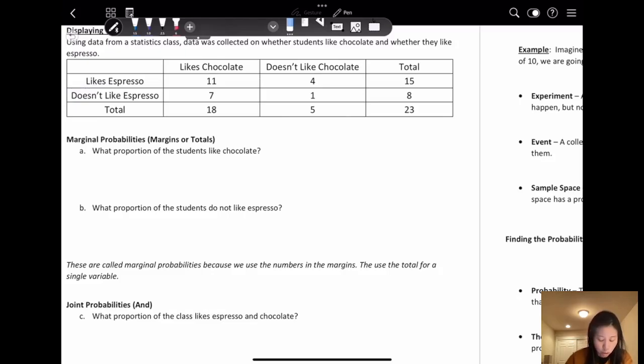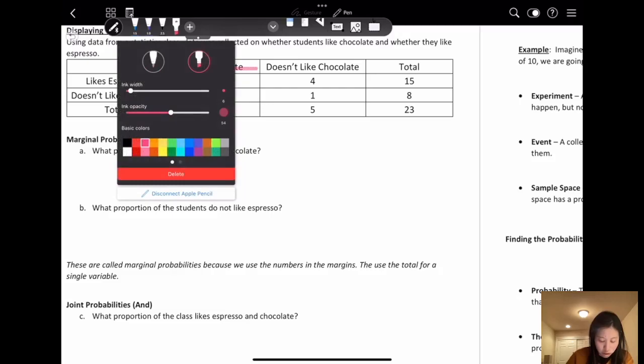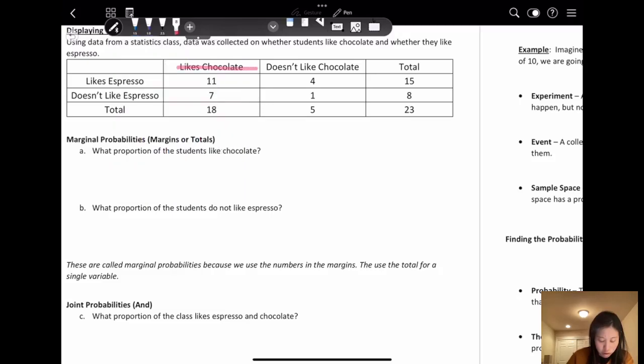So they ask you what's the proportion of students who like chocolate. Now take a look. The students who like chocolate are in here, so the total number of students who like chocolate is in here. So we know there are 18 students who like chocolate out of a total of 23 students.